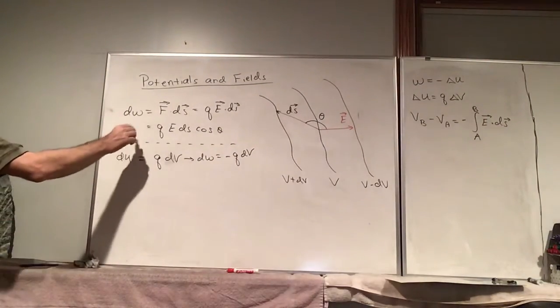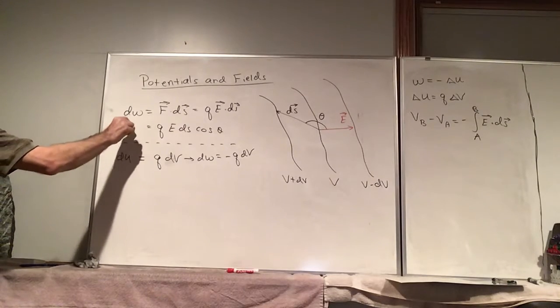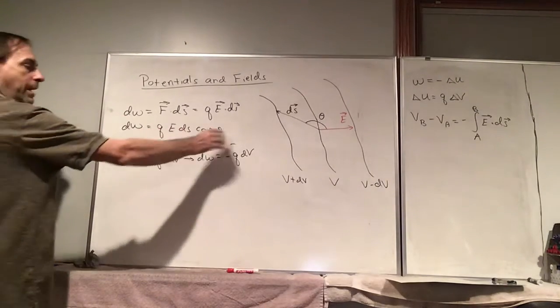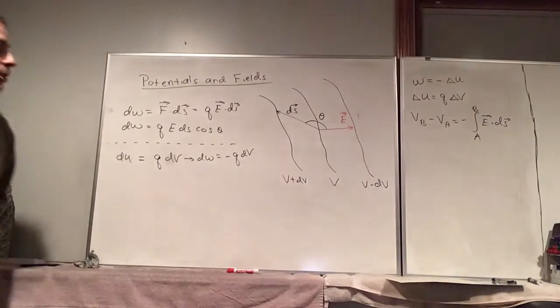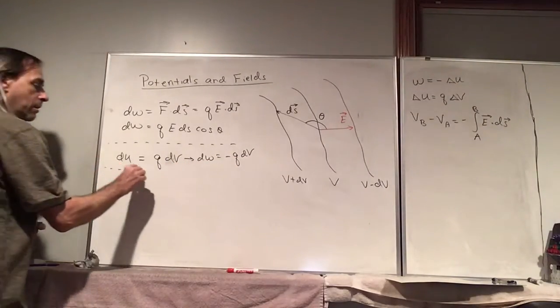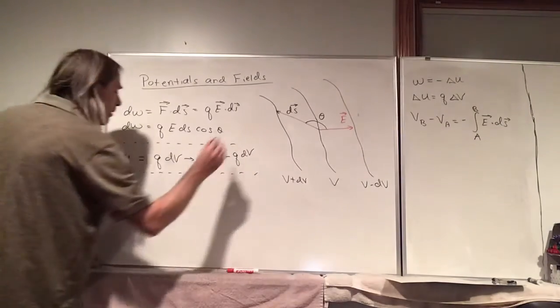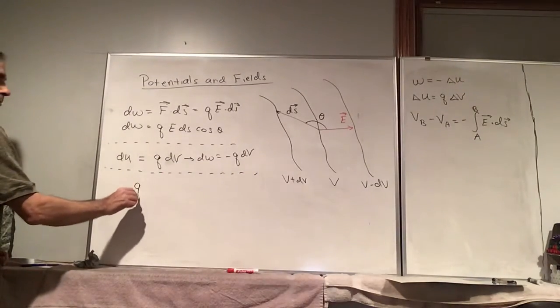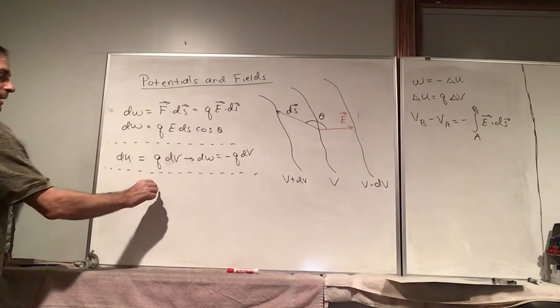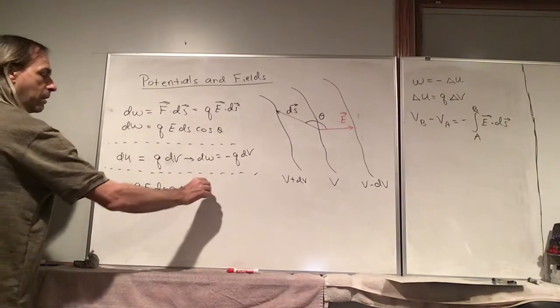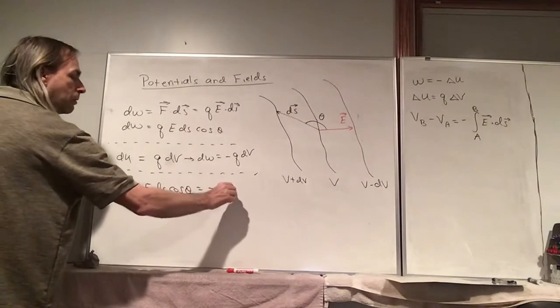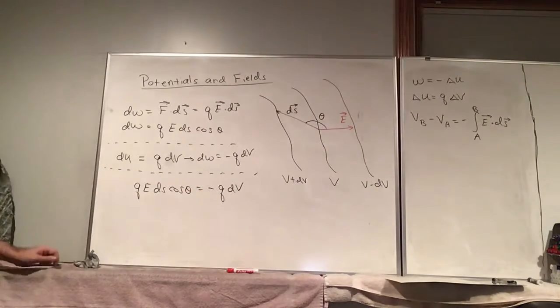So here, let's put these two together. We have dW is QE ds cosine theta. dW is also minus Q dV. So we have Q E ds cosine theta is minus Q dV. And the Q's cancel out.